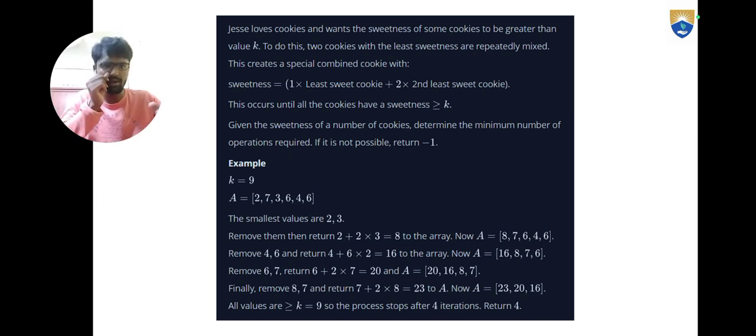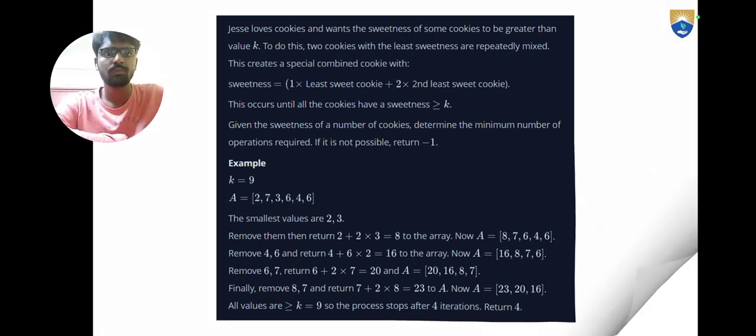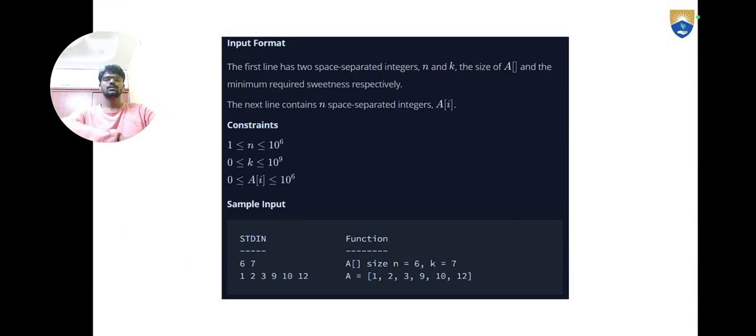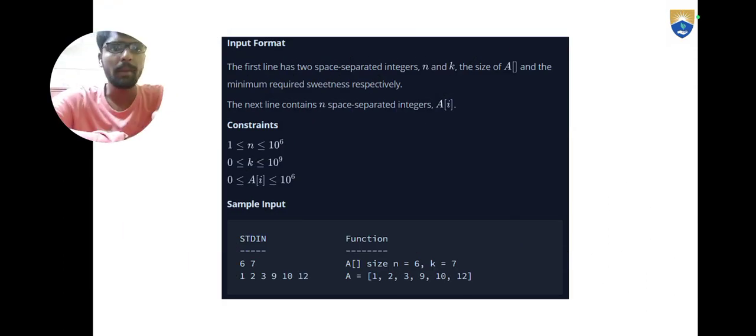So this is what the problem statement is, and you can actually look at this problem statement on HackerRank also. You have to sign up. Big shout out to HackerRank. This is the input format, and time complexity and constraints are most important for this problem statement.